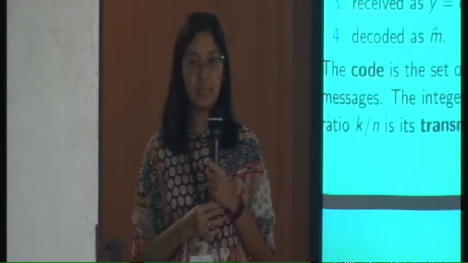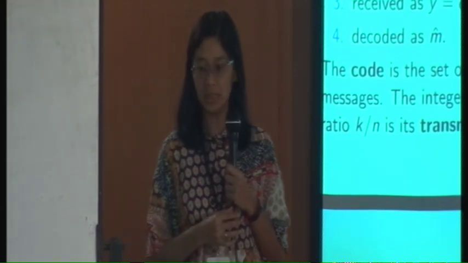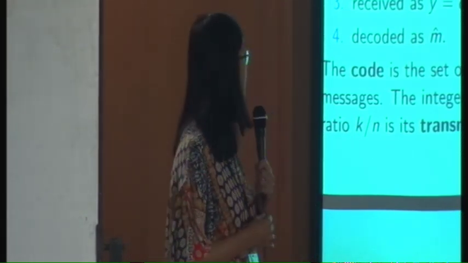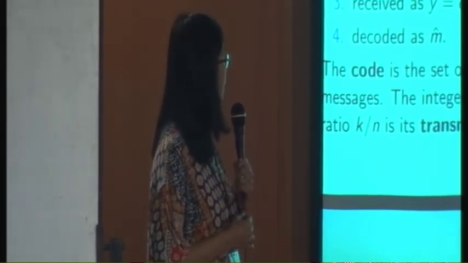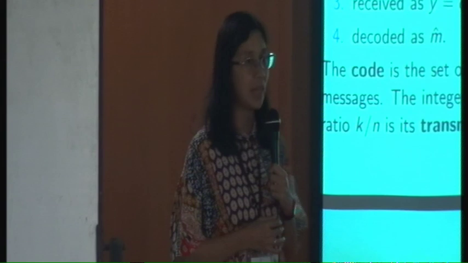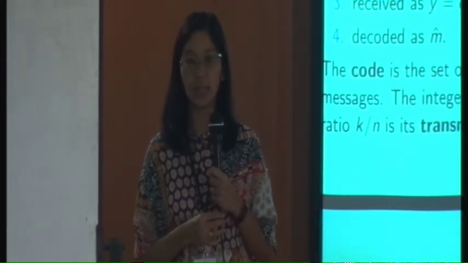It is sent to a channel where it is corrupted by an error word e in F^n, received as y = c + e, and then decoded as m hat.